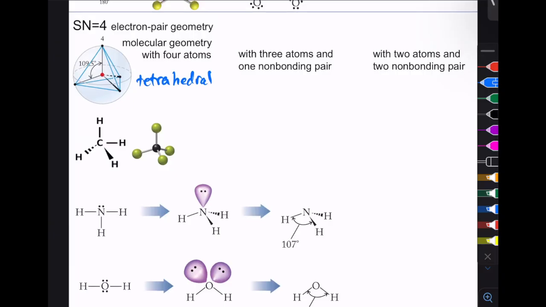They all have 4 packages of negative charge. So methane here is going to be tetrahedral electronic geometry. And this will also be tetrahedral electronic geometry.